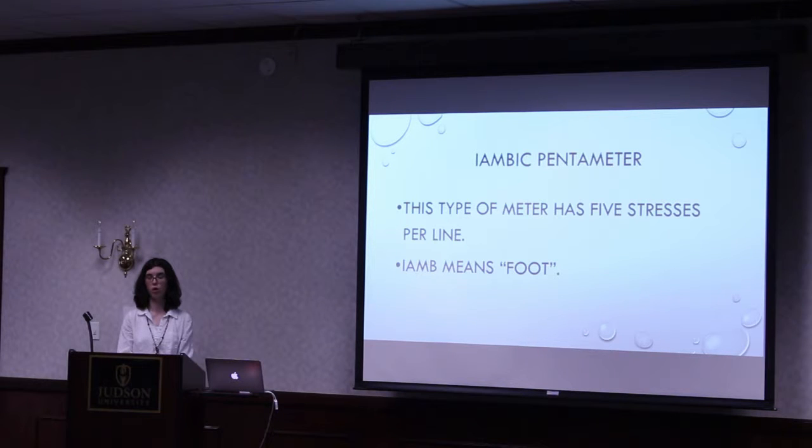The first syllable is unstressed, and it is followed by a stressed syllable. This alternation of unstressed and stressed syllables is repeated throughout the line of poetry. Moreover, an unstressed syllable combined with a stressed syllable forms a foot or iamb in iambic pentameter.